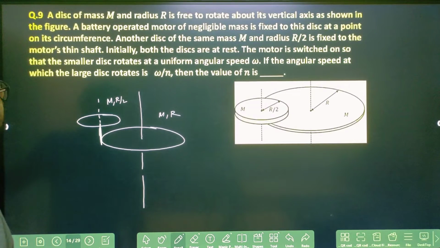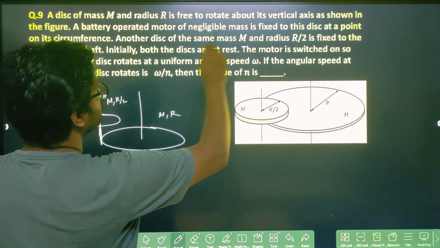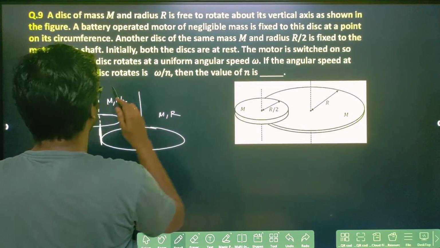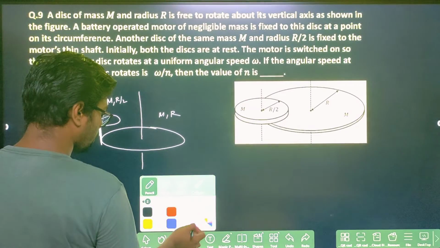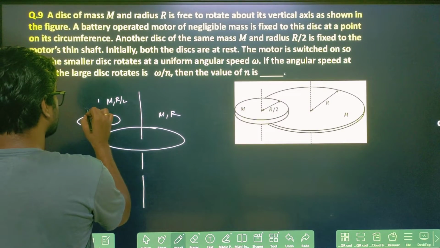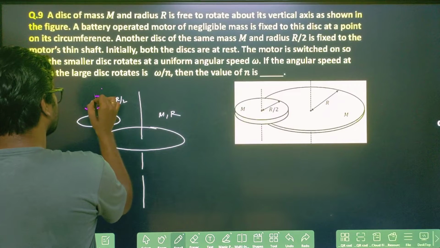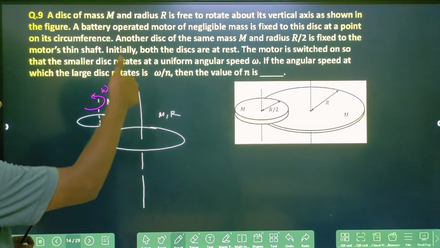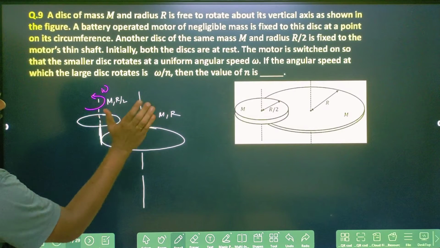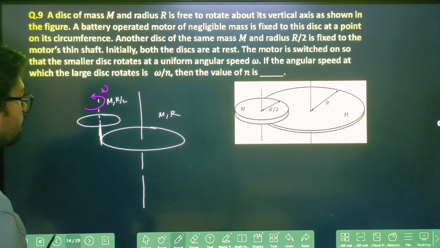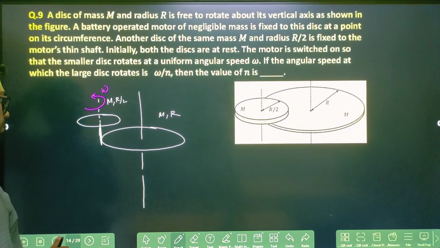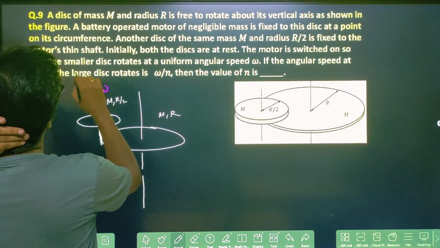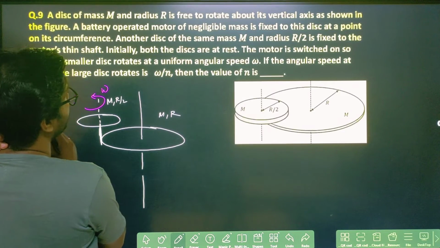Now they are telling that the motor is switched on so that the smaller disc rotates with uniform angular velocity omega. Let's say it is rotating like this with uniform angular velocity omega. Now the angular speed with which the large disc rotates is omega by n.